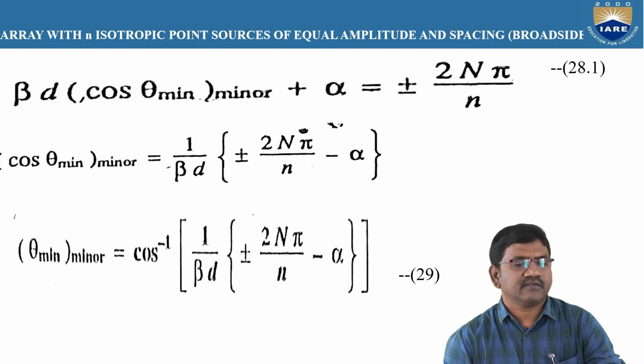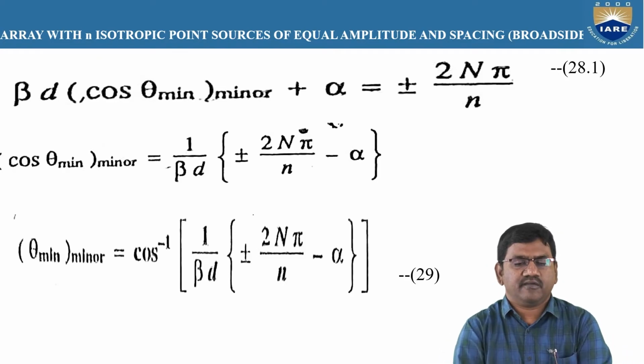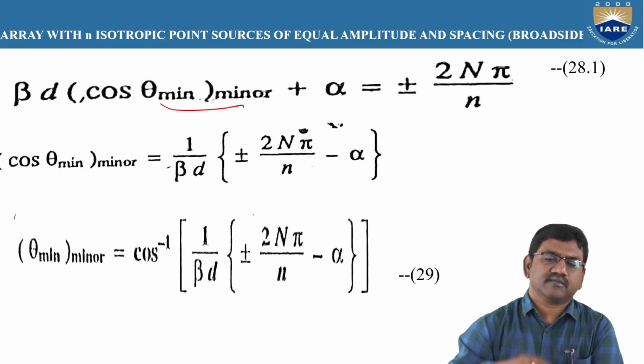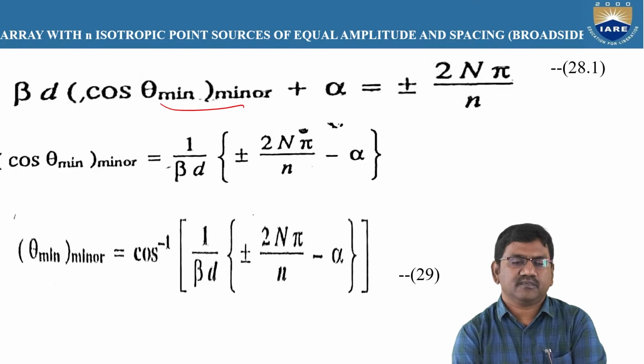So beta d cos theta, why we are going to find out minor lobe minima. So we have indicated this as min of minor, which means minor lobe minima. Beta d cos theta at minor lobe minima plus alpha is equal to plus or minus 2 n pi by n.